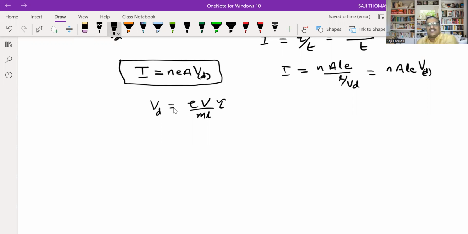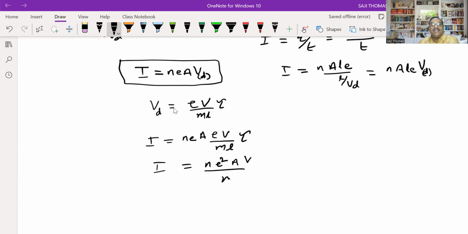Put this in the equation: I equals neA, instead of vd, eV by mL into tau. I equals ne squared A V by m L into tau.